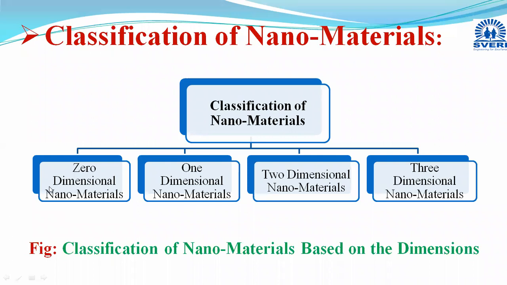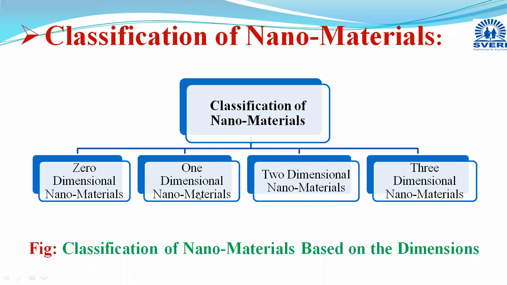Zero dimensional nanomaterials are nanomaterials having all dimensions less than 100 nanometer. Okay, all dimensions. If dimensions are less than 100 nanometer, it will be considered as nanoscale. In zero dimensional nanomaterials, all dimensions are in nanoscale.